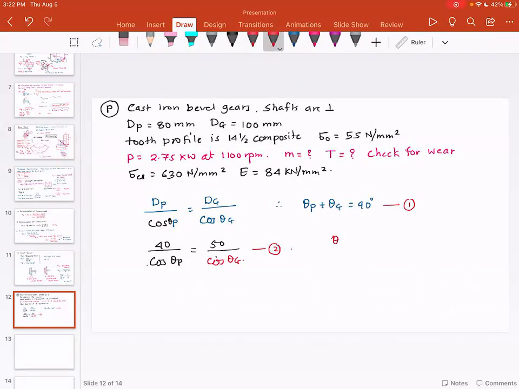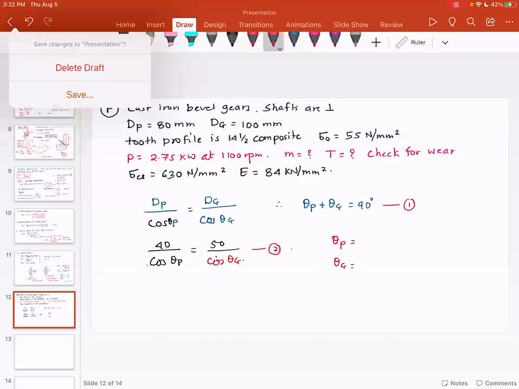So from here, you can find out the value of theta p and theta g. Theta p is 38.6 and theta g is 51.3.